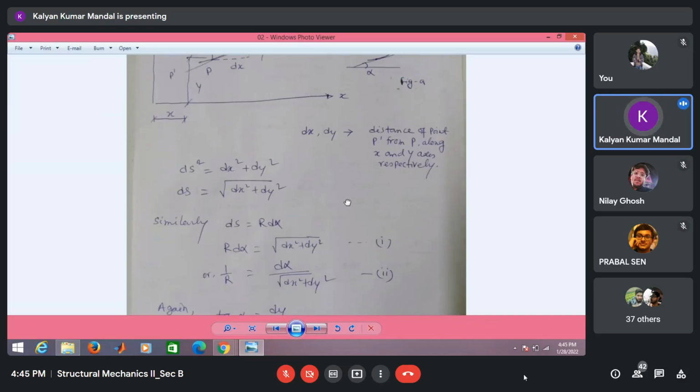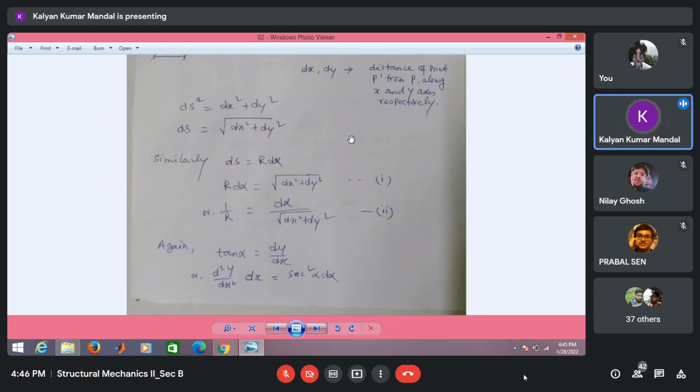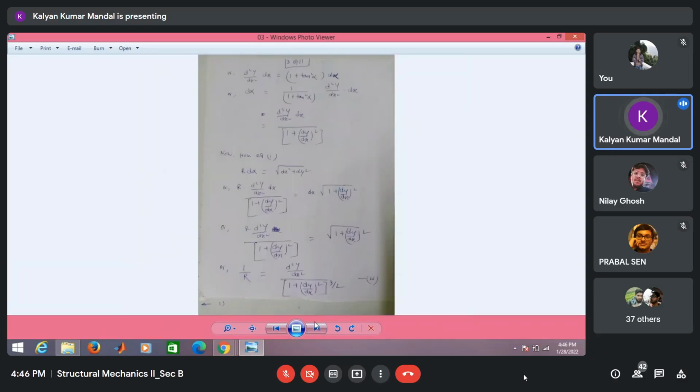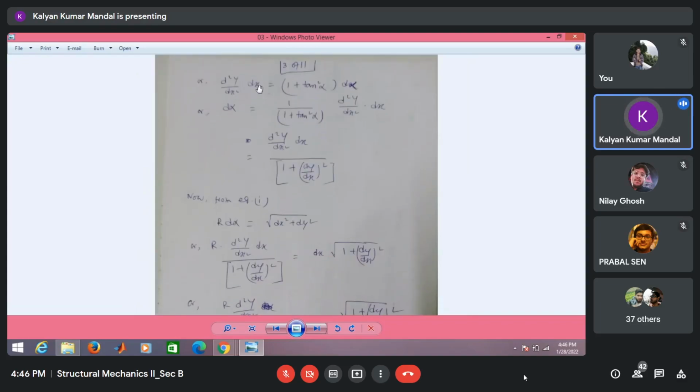Similarly, if this angle alpha is very small, we can write tan alpha is equal to dy/dx. If we differentiate this equation, we get d2y/dx2 dx is equal to sec square alpha d alpha, or d2y/dx2 dx is equal to 1 plus tan square alpha multiplied by d alpha.